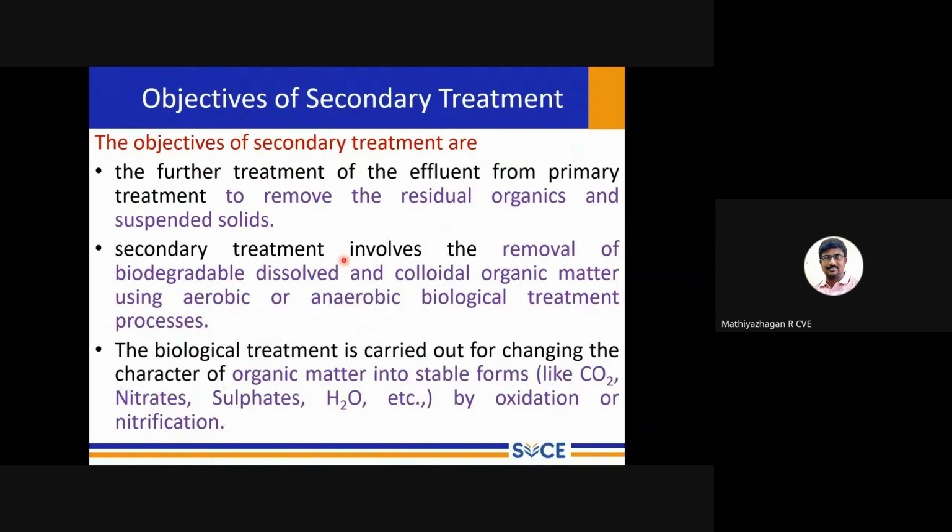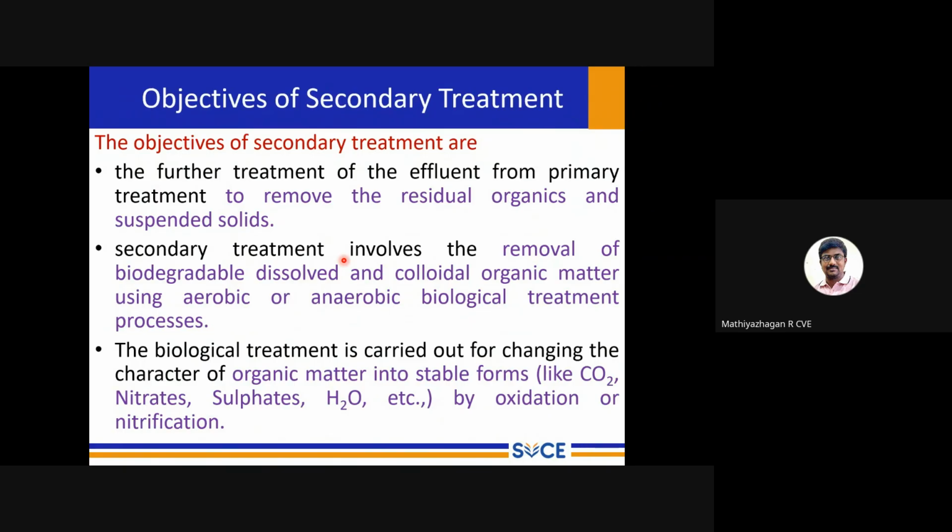Aerobic means we are using aerobic bacteria, which require oxygen. So we supply external oxygen in the form of surface or diffused aeration, and maintain the MLSS concentration as well as the organic loading rate, that is the food to microorganism ratio. Then we can achieve very good efficiency in the removal of organic matter during the aerobic as well as the anaerobic treatment process.